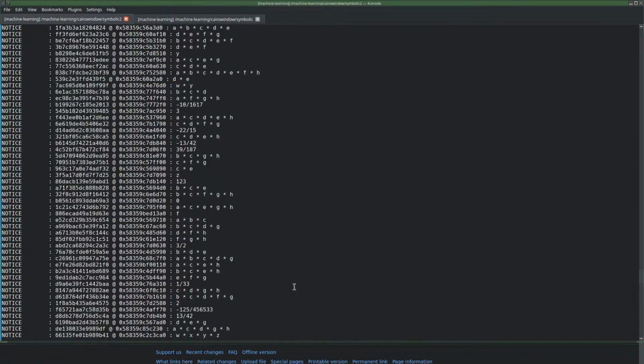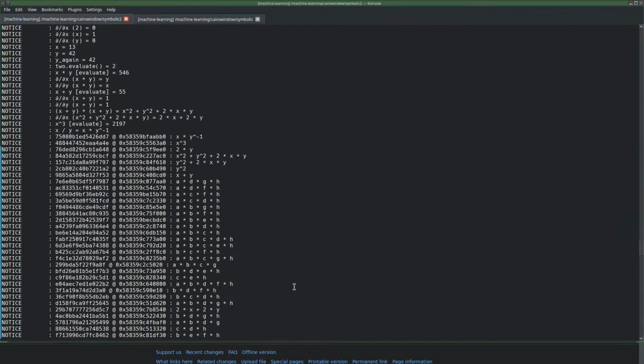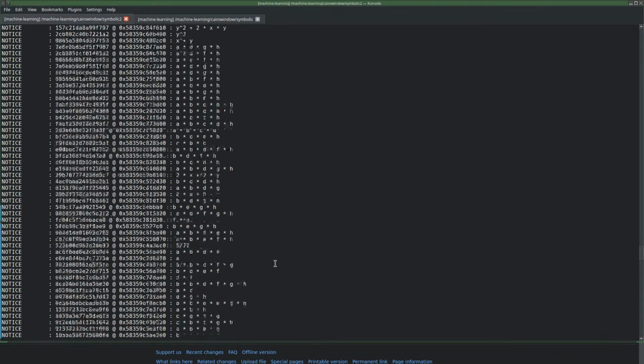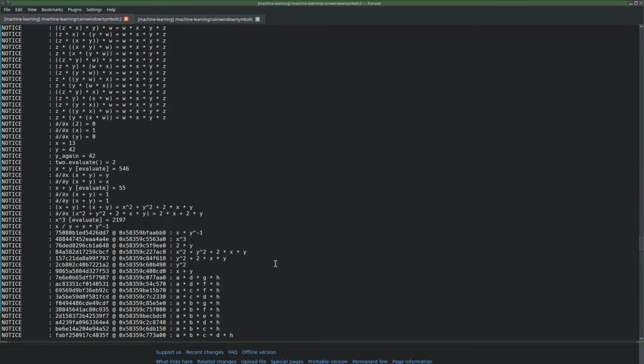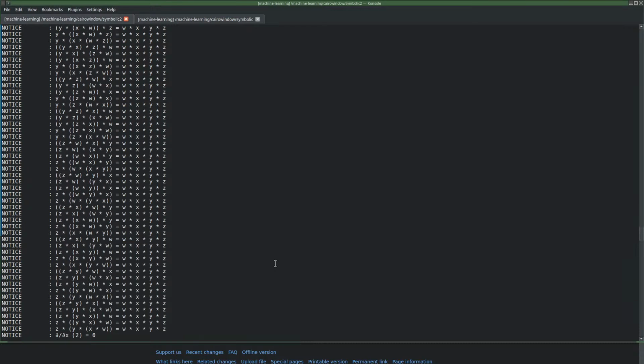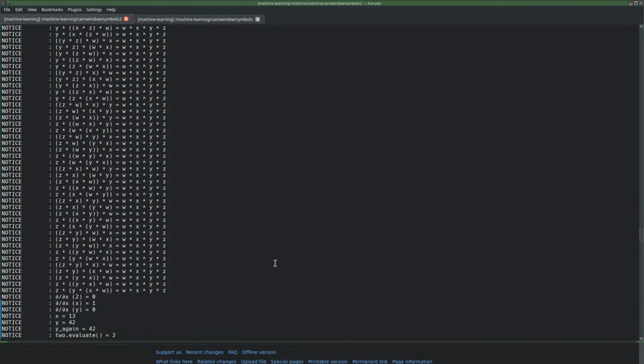Might as well stop dumping the database, but it's starting to get big. So a lot of intermediate expressions, it seems. Yep, so no matter in what order the parentheses dictate how to multiply it, it gets sorted.